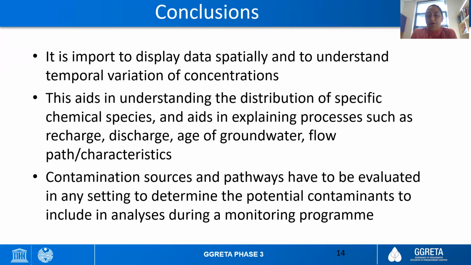Contamination sources and pathways are very important in terms of setting up monitoring programs or monitoring networks. You would need to know their sources and their pathways in order to, for example, select a location to take a sample and to understand if there's any plumes, how they move.